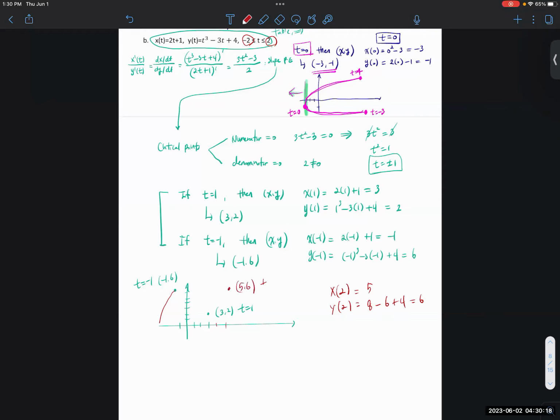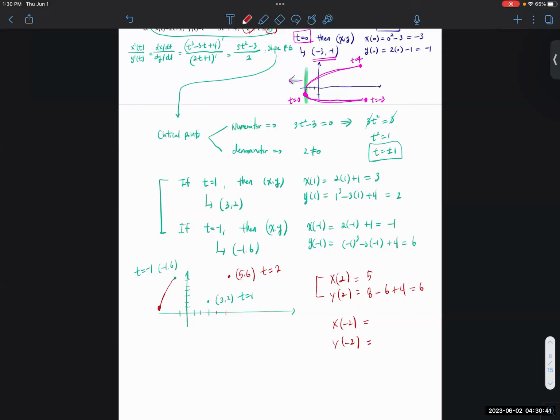So this is t equals 2. And then you can find out more when t equals negative 2. And y of negative 2, it's going to be something here. Okay, you can evaluate it by plugging in.